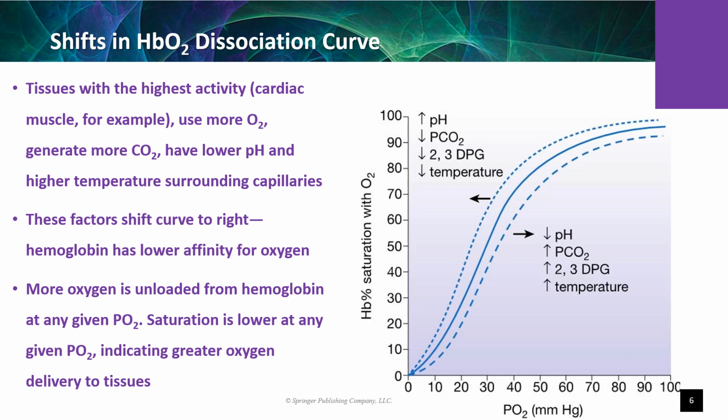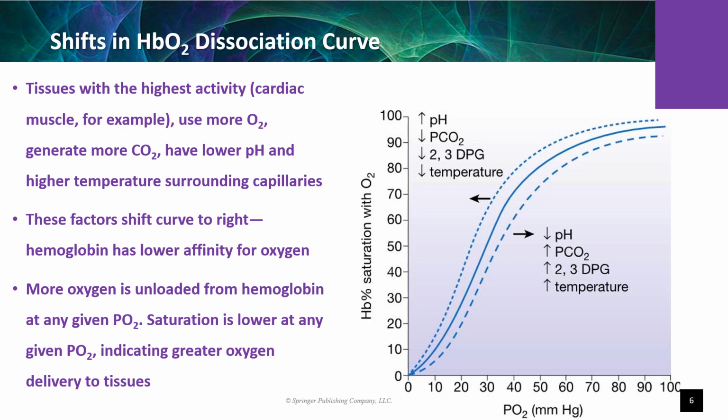The average mixed venous oxygen is 40 millimeters of mercury, which corresponds to 75% saturation of hemoglobin with oxygen. This is the usual composition of blood entering the alveolar capillaries.